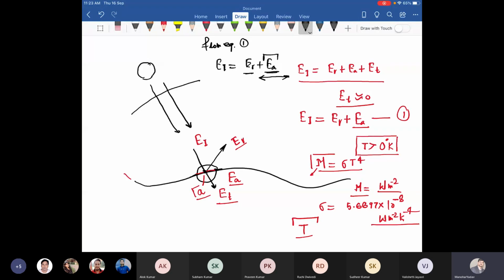Energy is converted from one form to another, but it is constant. So what happens when solid materials like trees, buildings, etc. absorb energy EA? It will be dissipated, and further it will be responsible for the rise of temperature of that material.